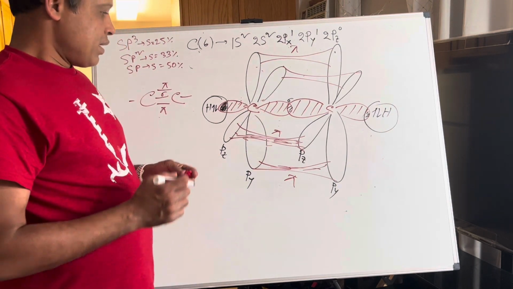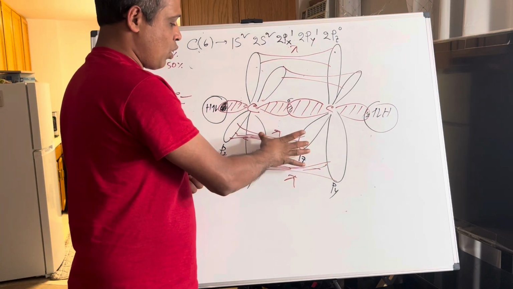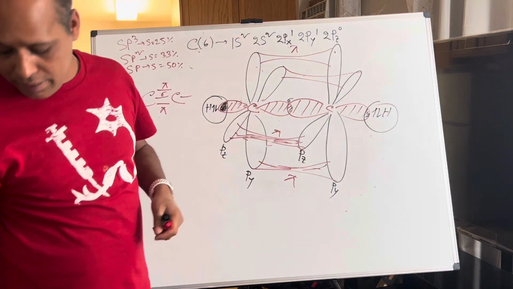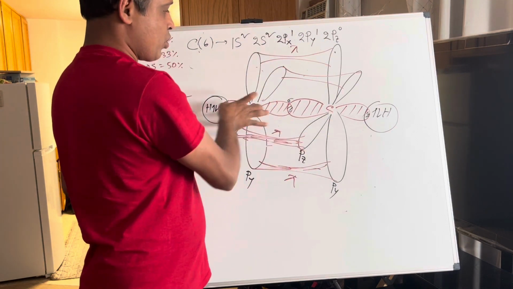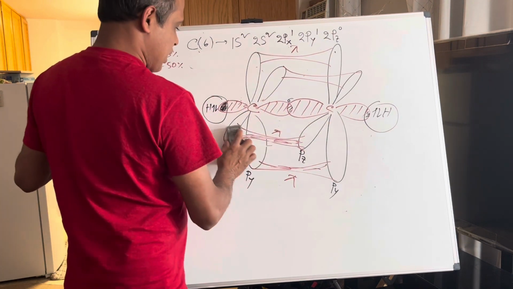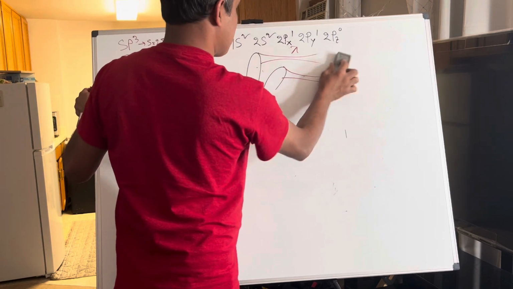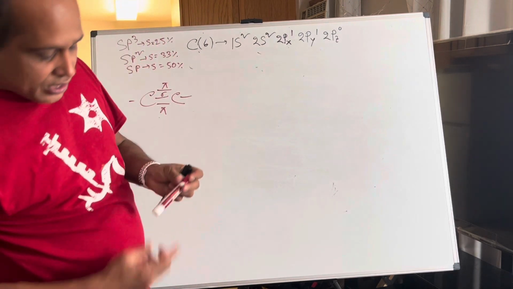This partial overlap of the pi orbitals can form a cylinder shape, so those pi electrons can rotate around the central axis. That's why we can draw this molecule in different ways, and that pi electron cloud is called cylindrically shaped.